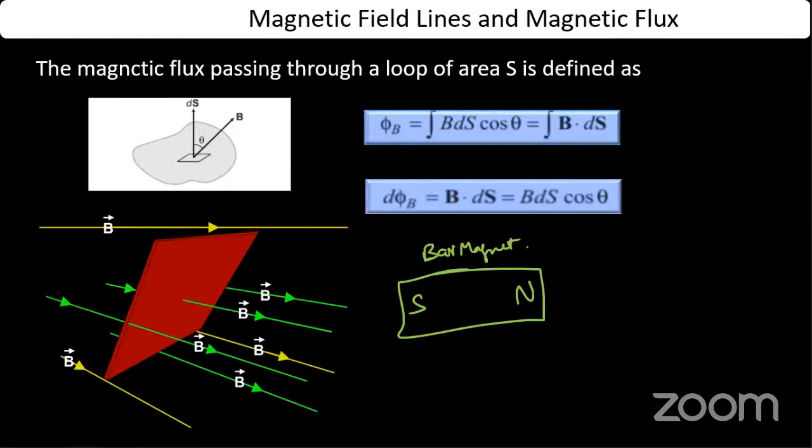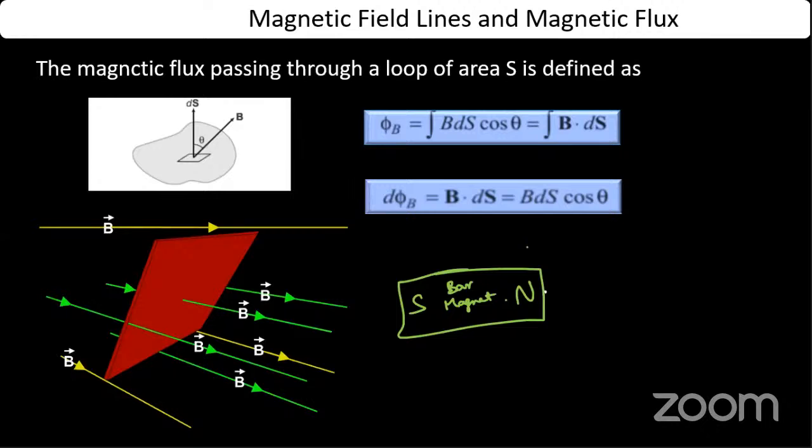So how do we get a magnetic field line? We have several ways. One such way is a bar magnet, which was supposed to be taught in your previous chapter, but that might have been taught in your CBSE class. So tell me something about the bar magnet.